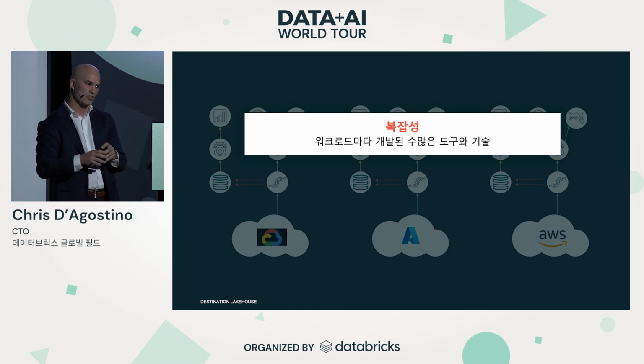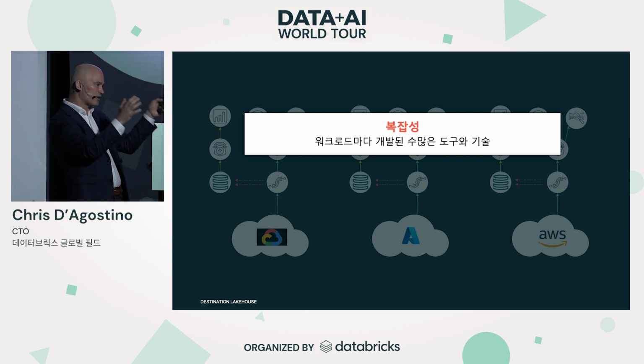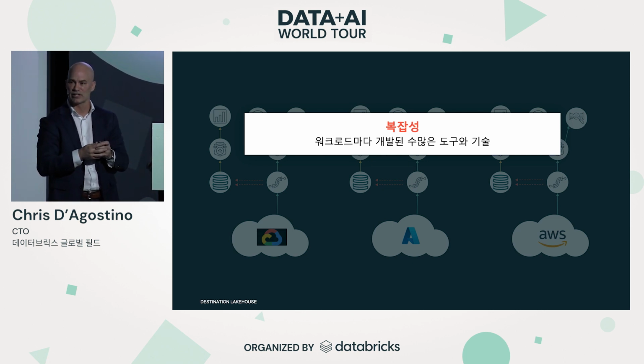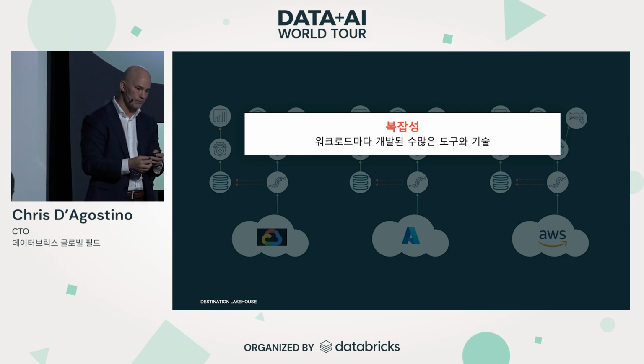Think of Databricks as an abstraction layer over top of that. Think of Databricks as a one-stop shop with a consistent user experience that allows you to do all of the same things that you could otherwise stitch together on your own, but do it on day one and at a much lower cost.